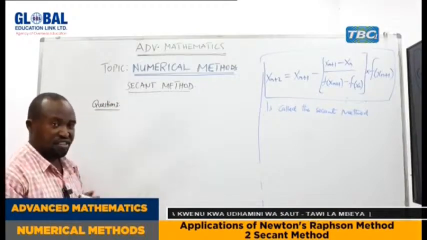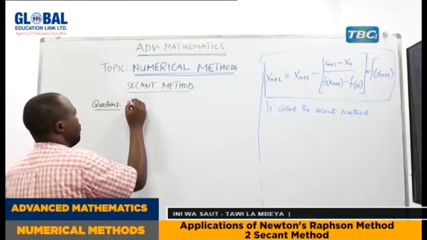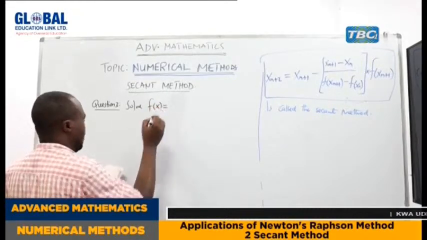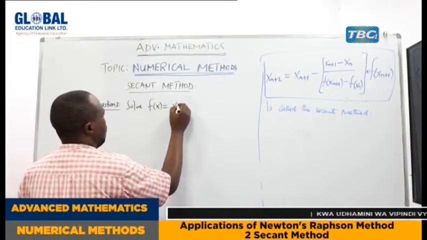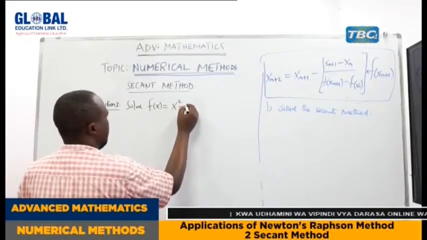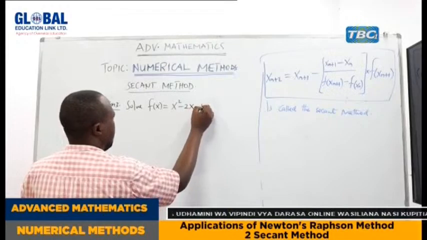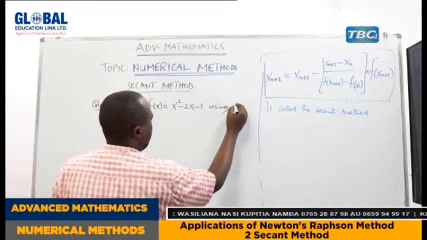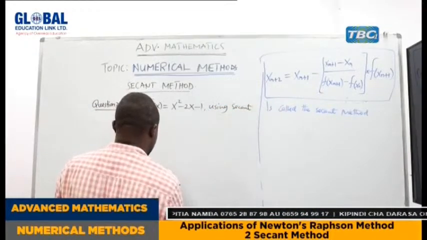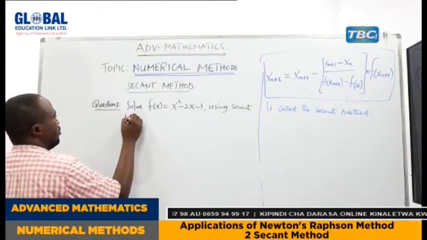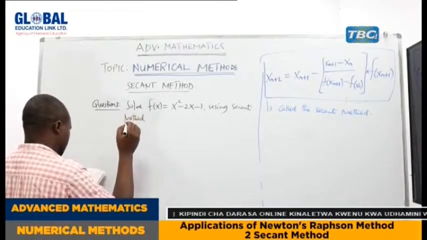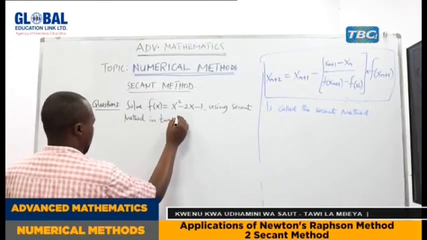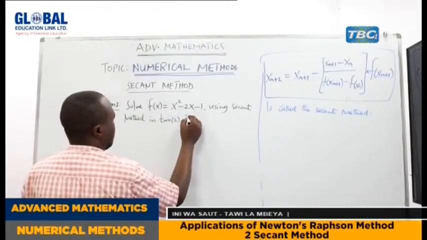Now the question says: solve the function f of x is equal to x squared minus 2x minus 1 using the second method in 2 iterations.